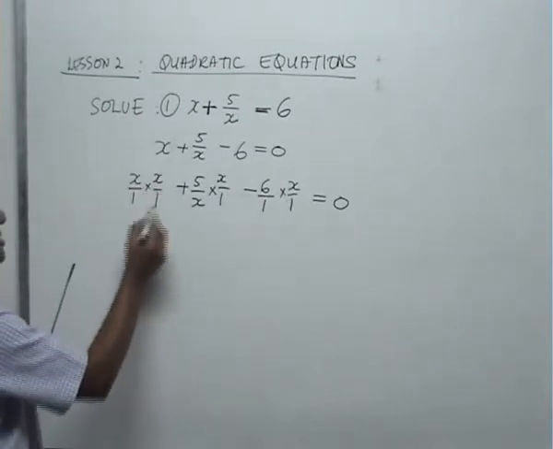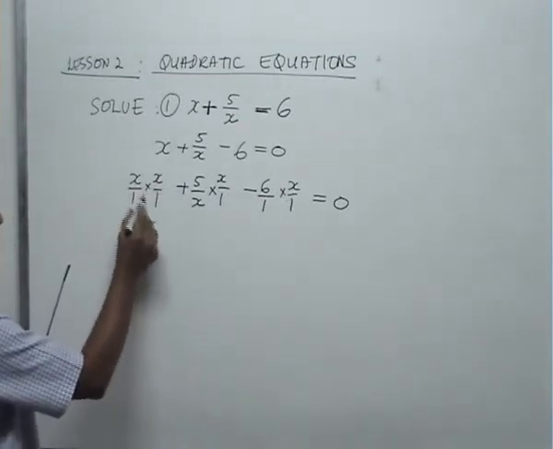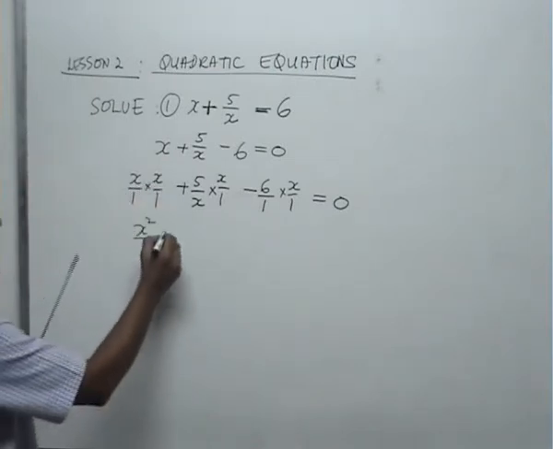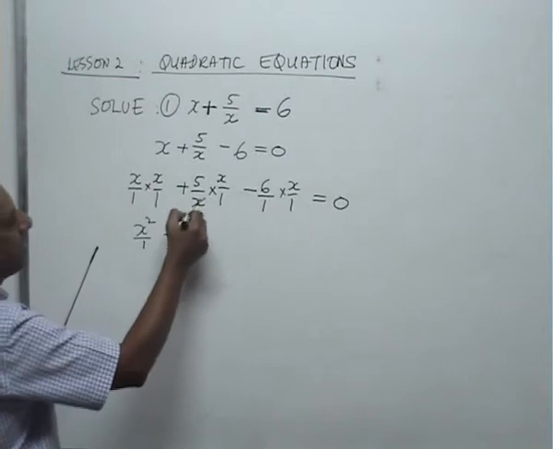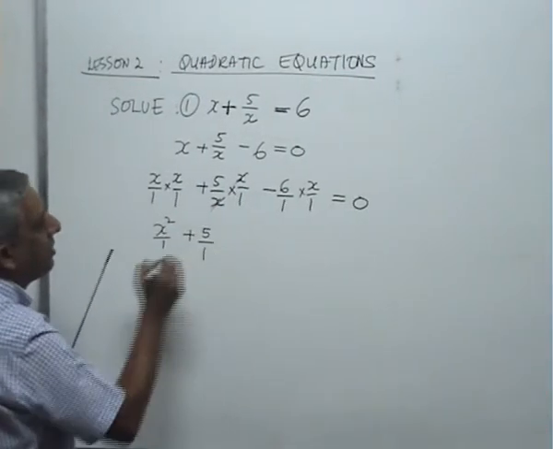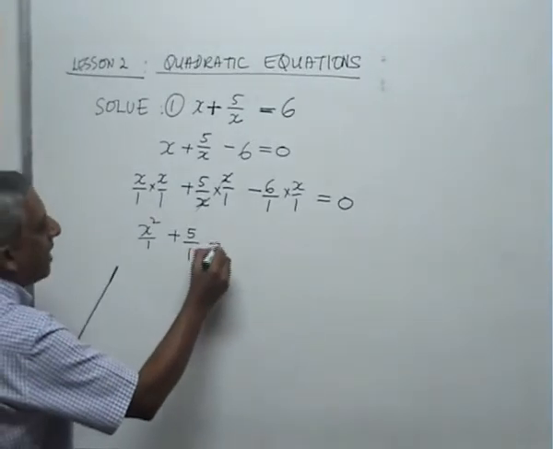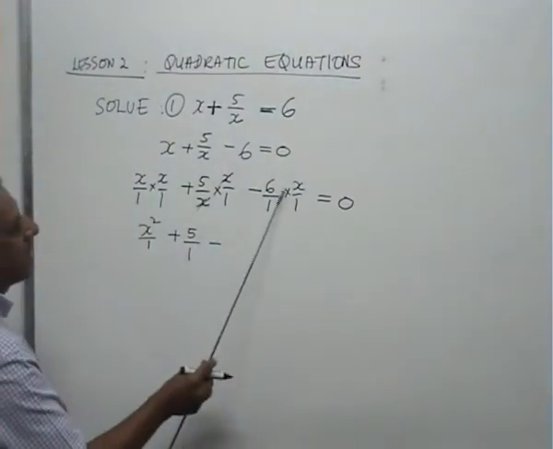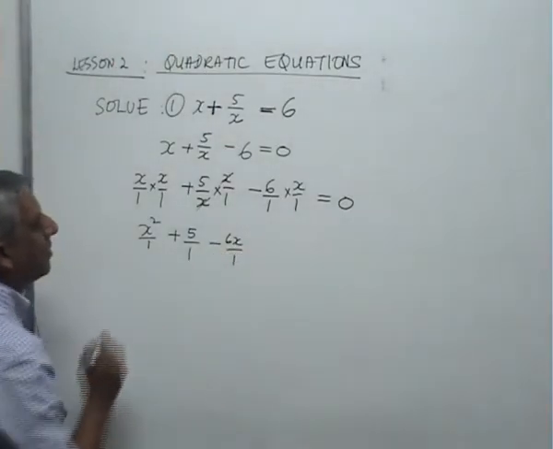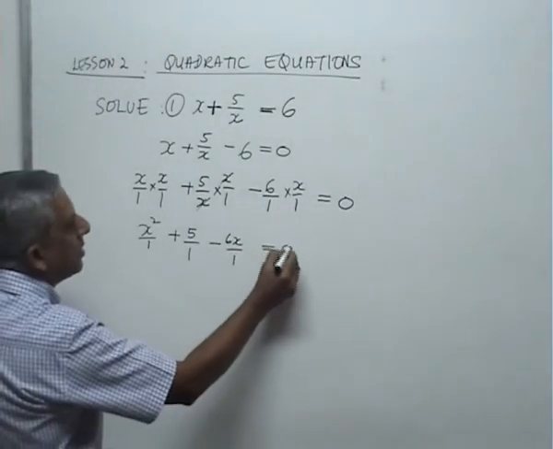So this gives you now x squared. X times x gives you x squared over 1. Plus, this x cancels with that, so you're left with plus 5 over 1, minus 6 times x gives you 6x over 1, is equal to 0.